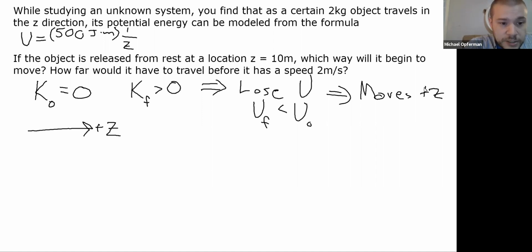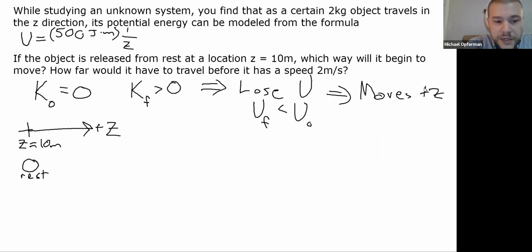So the object is going to start out, let's say that this point here is z equals 10 meters. So the initial state, the object is going to be here at z equals 10 at rest. So that's my initial picture.